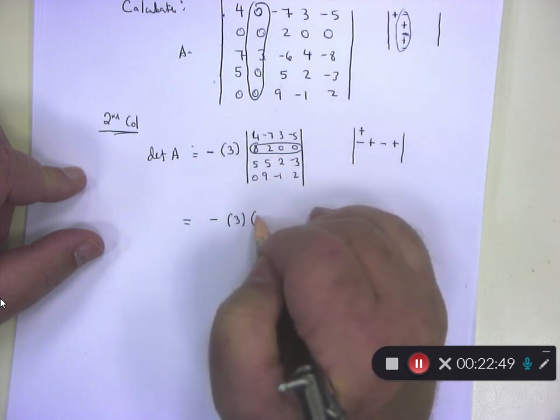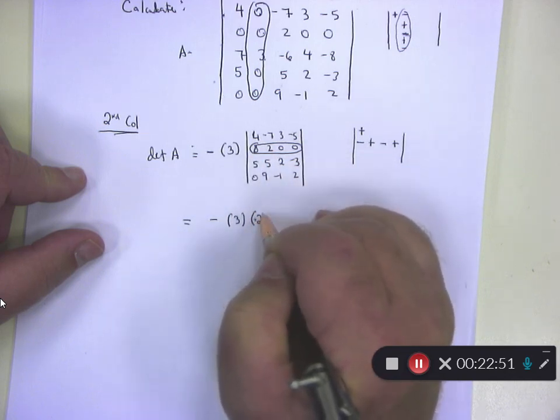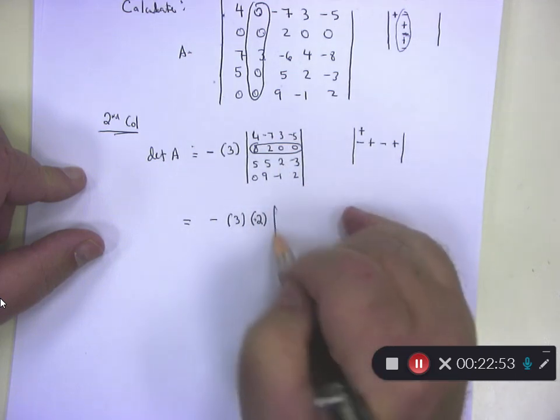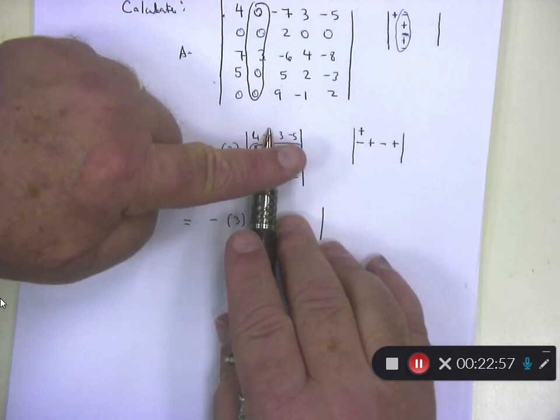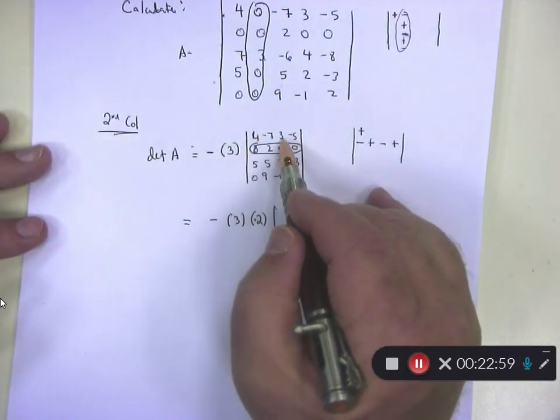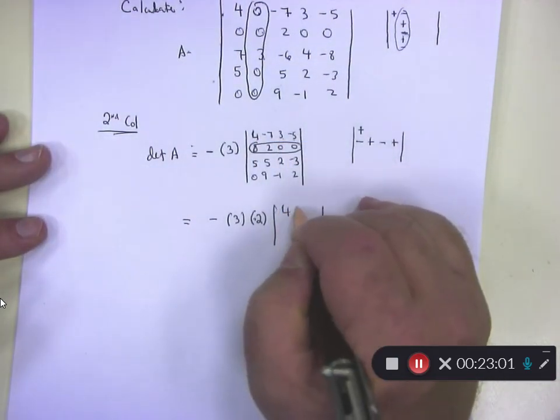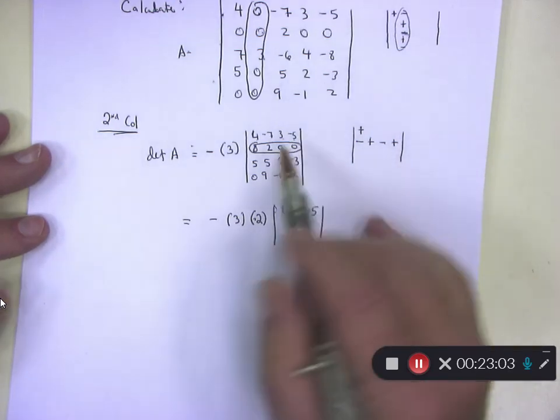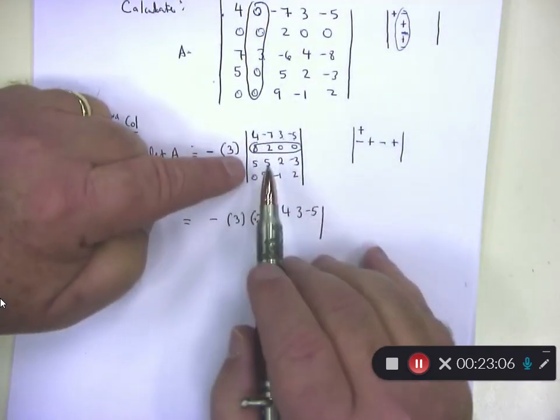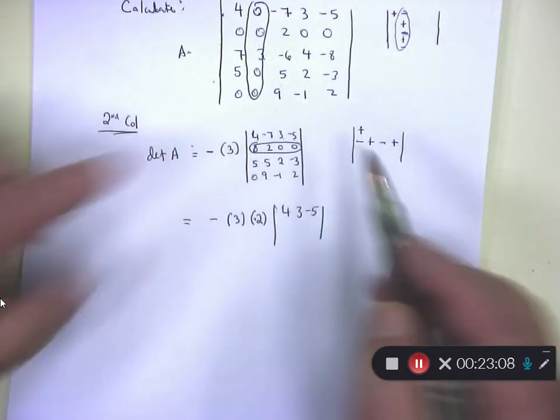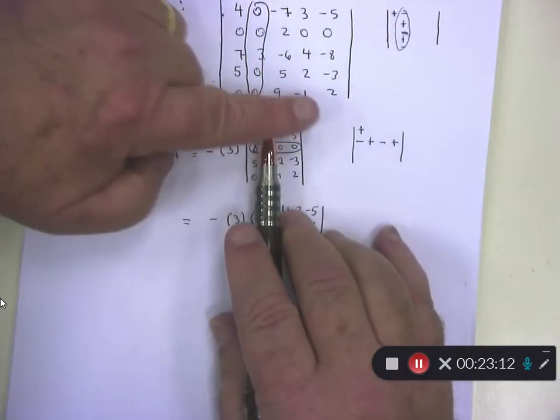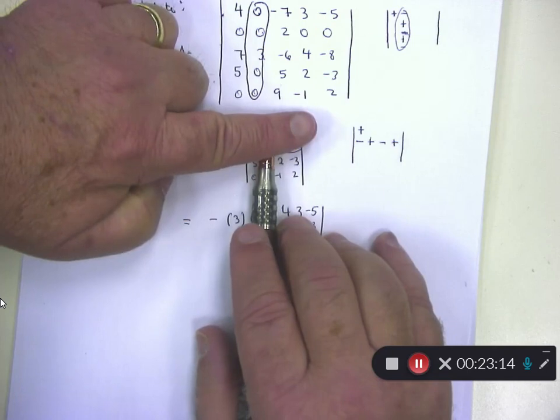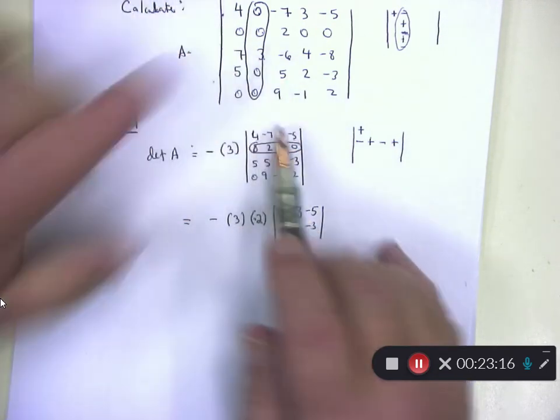That'll be a positive 2, okay, times, and knock off the row and column with that guy in there. Knock off the row and column, and I get 4, 3, negative 5. Okay. 5, 2, negative 3. Knock off the row and column with that guy in there. And I got 0, negative 1, 2.